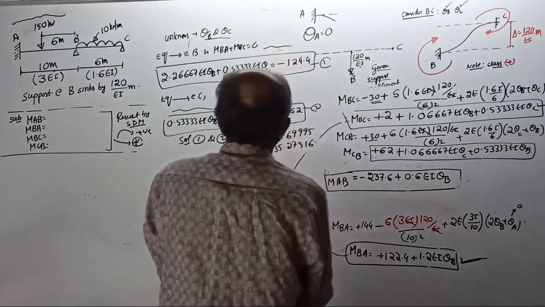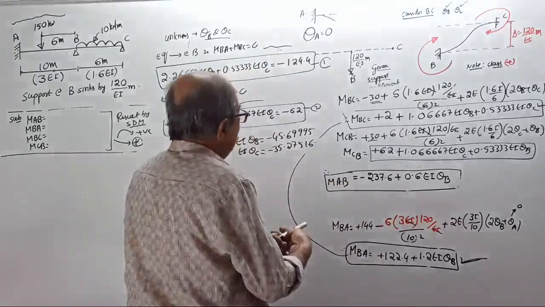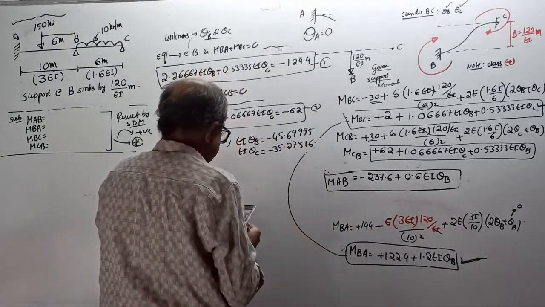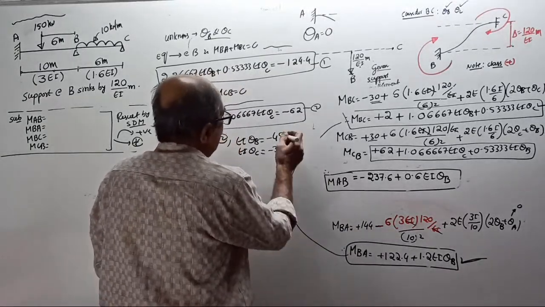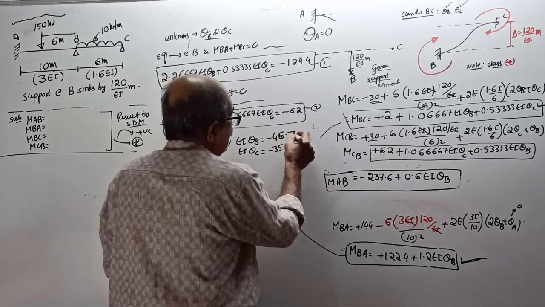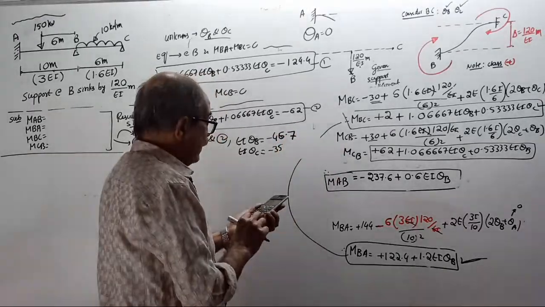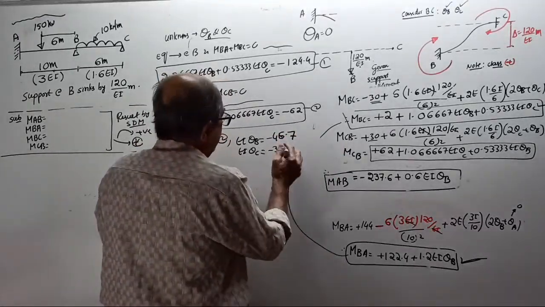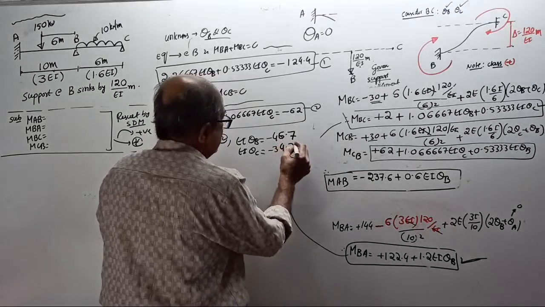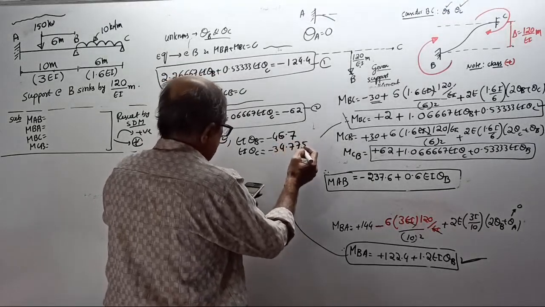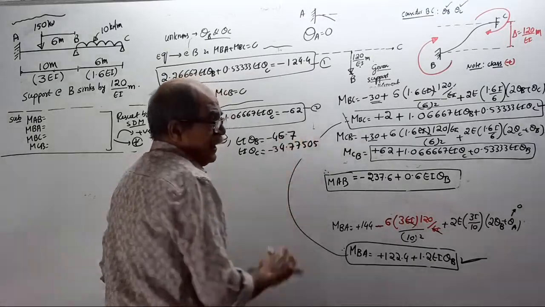Oh, it is 46 actually. Okay. It is actually exactly 46.7 because 999 is there. Other one is 34.775. Correct? 77505. Correct answer now?